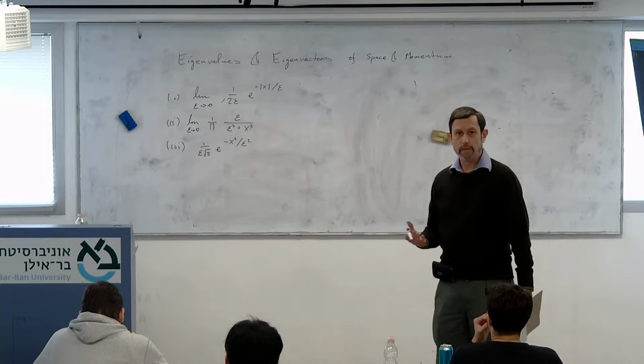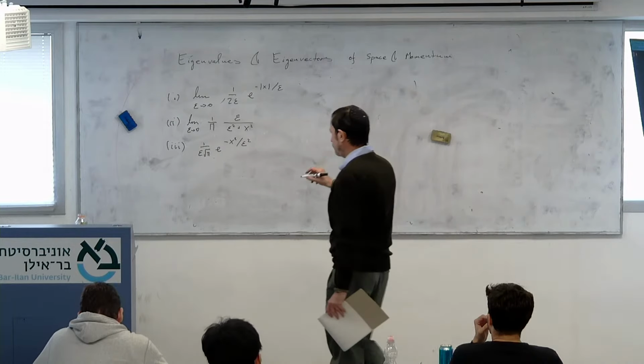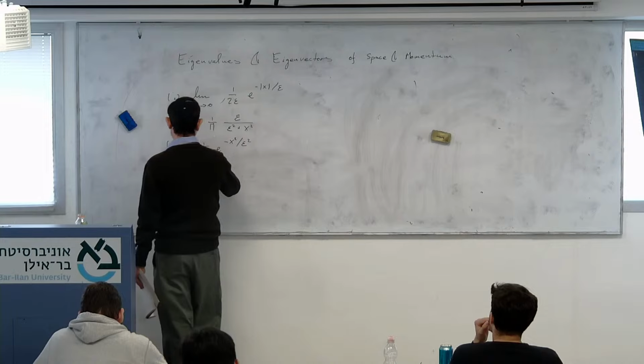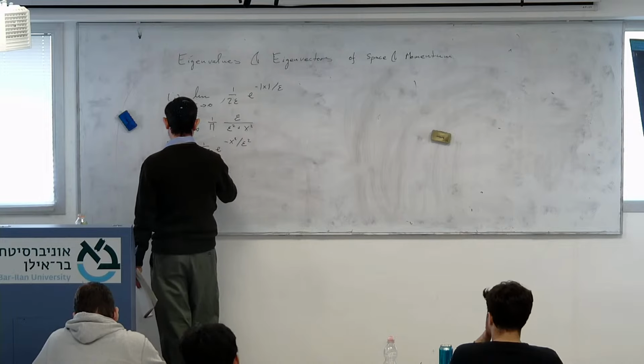Again, it's 0 anywhere else when epsilon goes to 0. All of them are limits of epsilon going to 0.